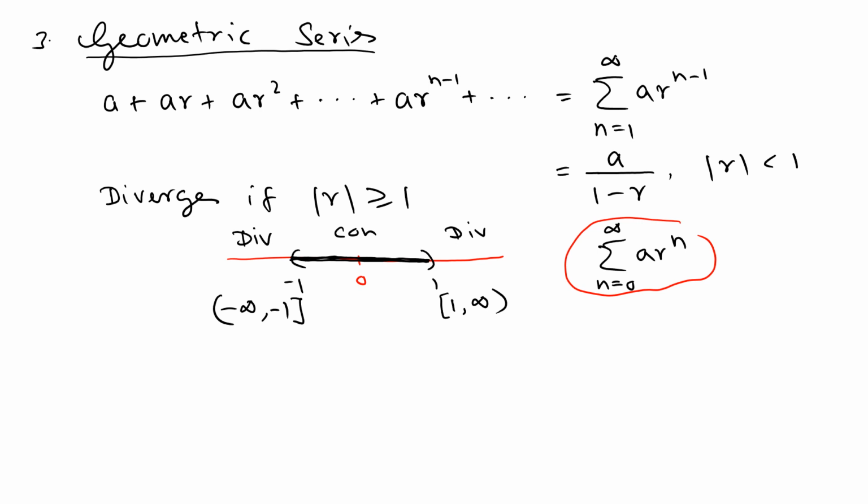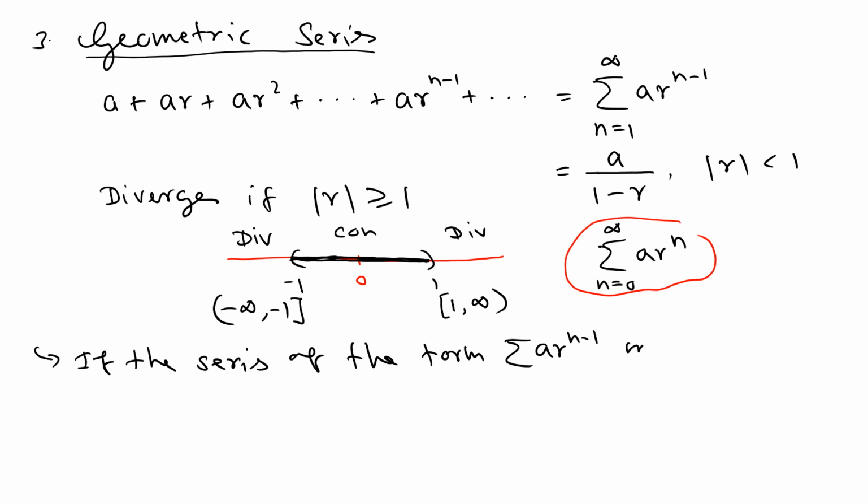Good. So now we can say, if the series is of the form sum of ar^(n-1) or sum of ar^n or any other form, the only thing that differs is the first index value, whether n equals 0, n equals 1, or any other value.